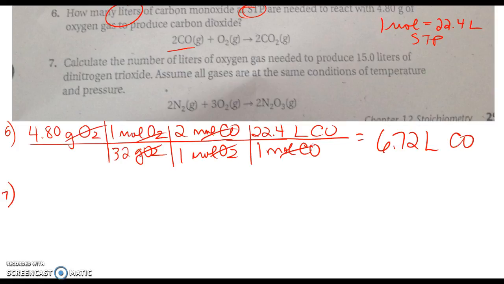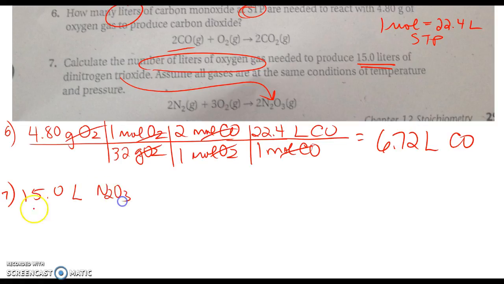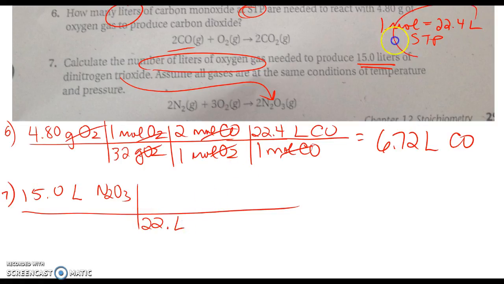All right, number 7. Now we want to know the number of liters of oxygen gas needed to produce this many liters of dinitrogen trioxide, which is N2O3. So I'm starting with 15 liters of the N2O3. I don't even need the molar mass here. I can go right to moles using this 22.4 liters per 1 mole.